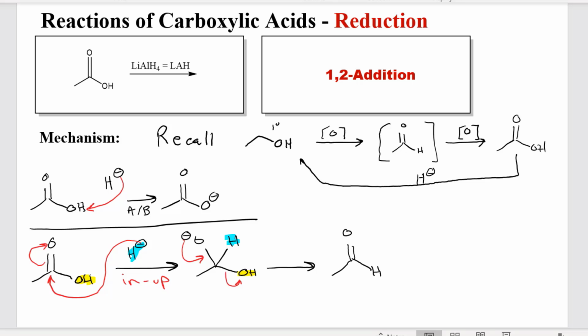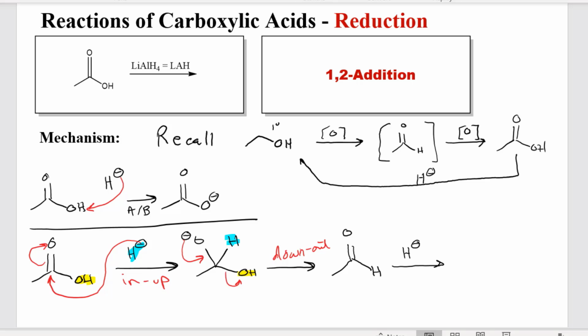We are now at the aldehyde, the midpoint, and we know aldehydes are very susceptible to H-. We saw that aldehydes and H- in the aldehyde chapter can undergo reduction, and we also know that aldehydes are more reactive than carboxylic acids. So the next equivalent of H- is certainly going to react with the aldehyde. We can't stop this train. So we did in, up. We did down, out.